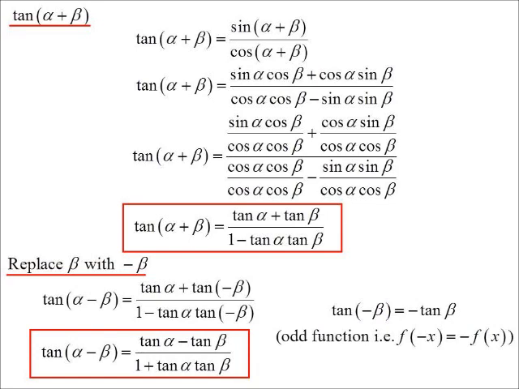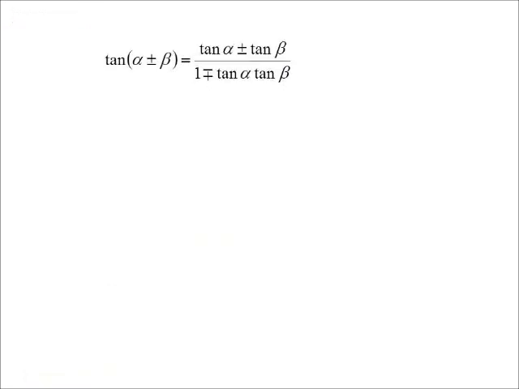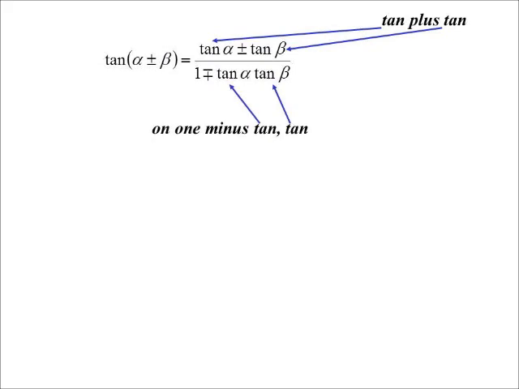So the top of the fraction matches what you're doing, and then the sign on the bottom has to be different. So I always just remember tan plus tan on 1 minus tan tan, and if it's a minus, then I know we'll swap the signs around. So here it is. Ready? Here we go. Tan plus tan on 1 minus tan tan.